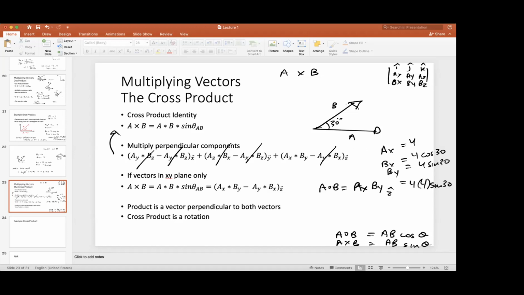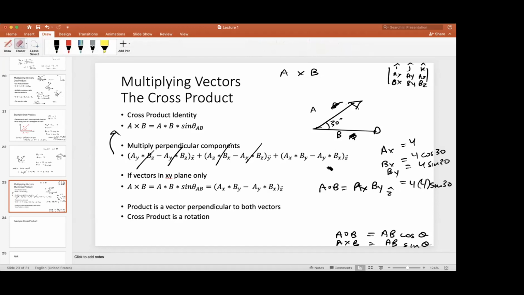If we had switched these, if this was A and this was B, and we were doing A cross B, A would have an Ax and an Ay, but B would only have a Bx. And you can see that this term right here would actually be negative, okay?